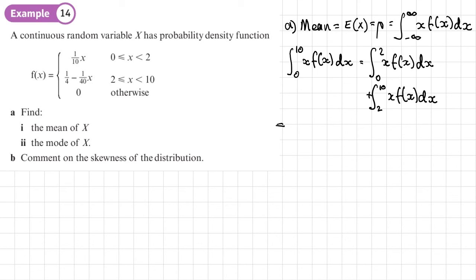So let's do that. Between 0 and 2, it's going to be x times 1/10 x, so that's 1/10 x squared. And then between 2 and 10, that's going to be a quarter minus 1 over 40 x, all times x.